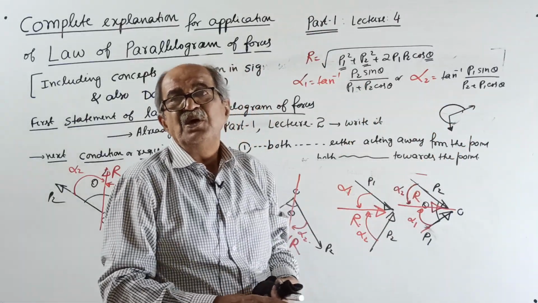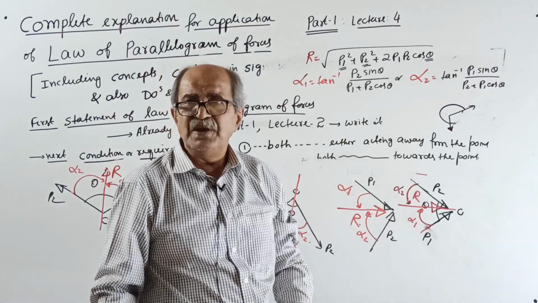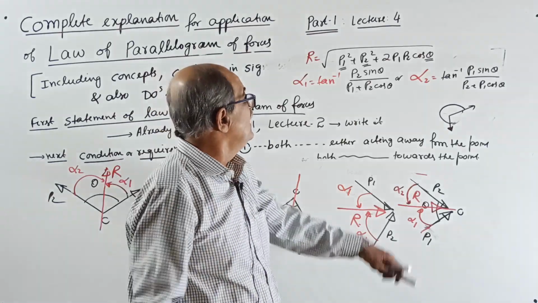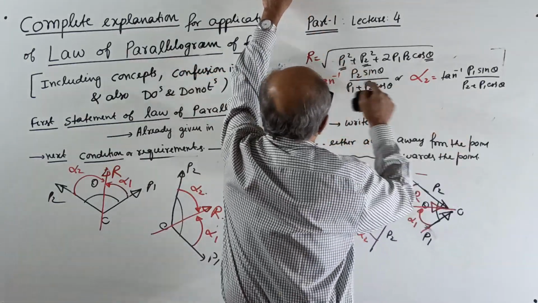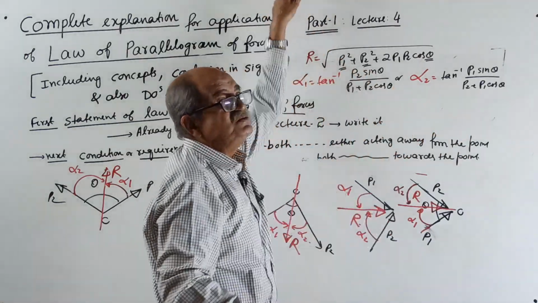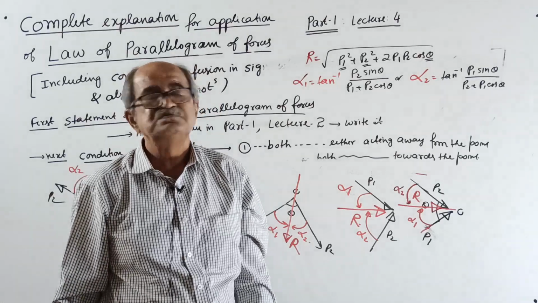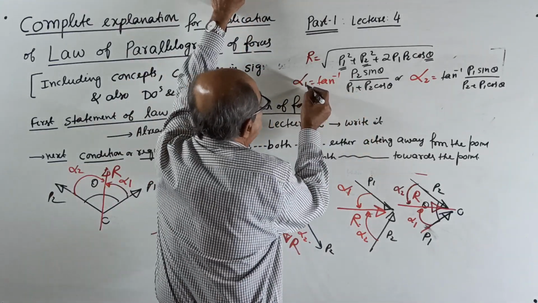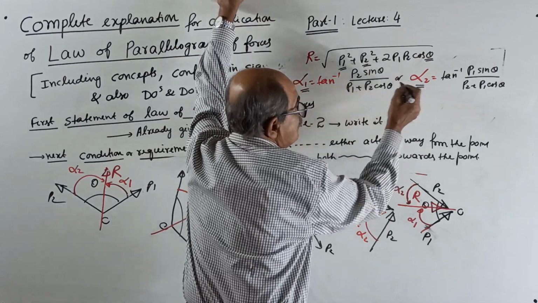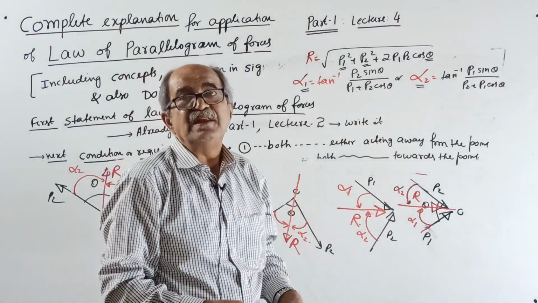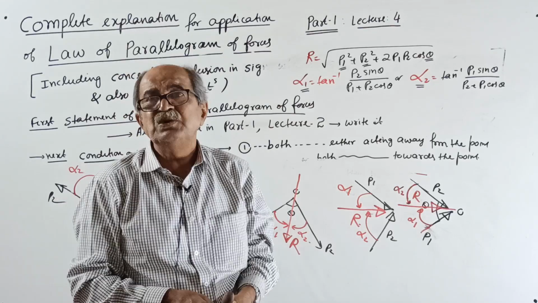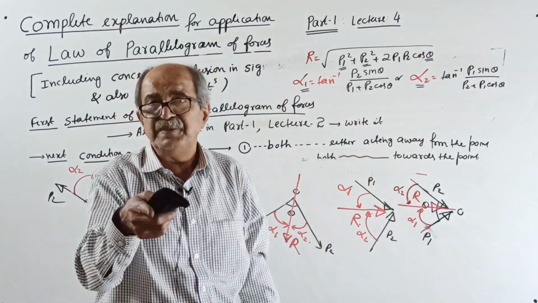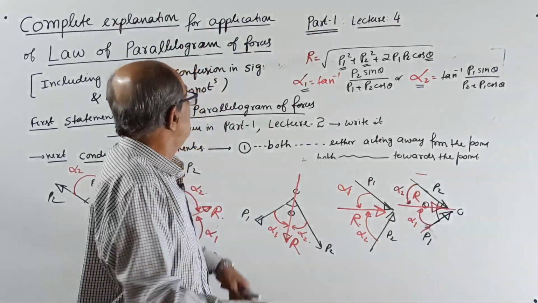Cos of 360 minus theta is once again equal to cos theta. Therefore, when you substitute, you will not get negative. R will always come positive. But when you substitute and get alpha 1 and alpha 2, sometimes you get a negative sign. I will explain the complete concept of negative sign in the coming part.